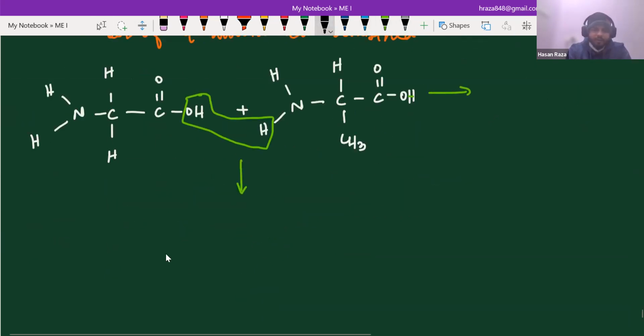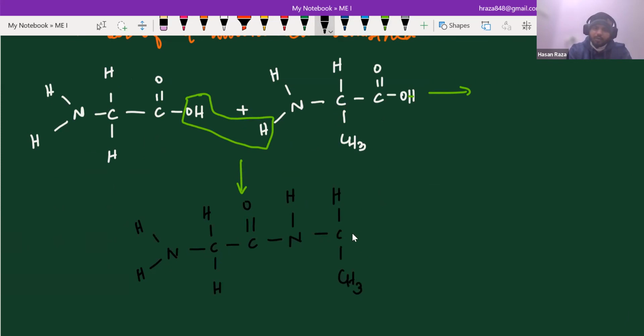So we can easily write this part, and H. After this, there are 2 hydrogens with this carbon, and then comes C double bond O. OH is eliminated with this hydrogen, so C will be directly bonded with this nitrogen, and in the same way, this is your CH3, this is your H. So this will be your C double bond O, and then OH.